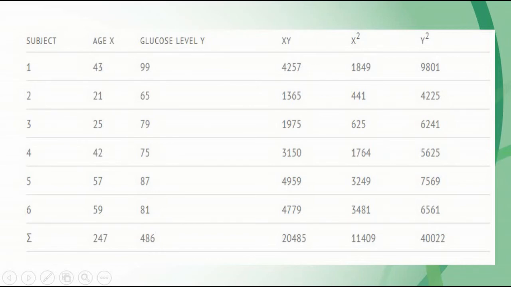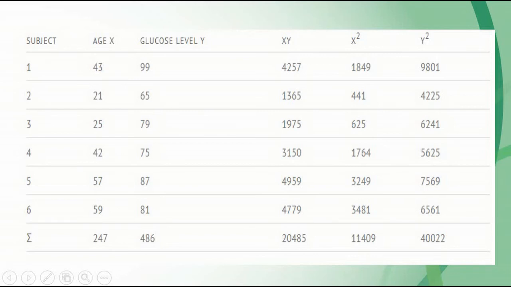Next, we square x, 59 times 59, that is 3,481. Then we square y, 81 times 81, that is 6,561.